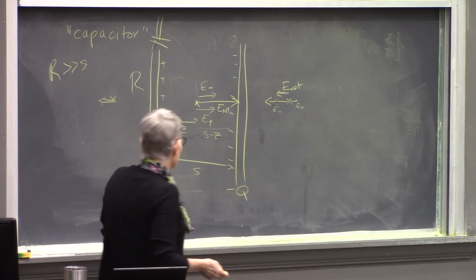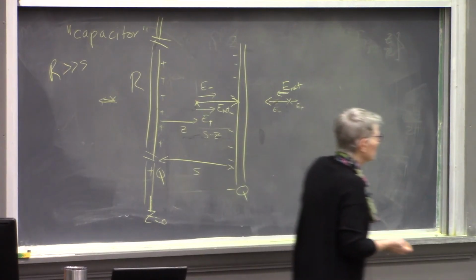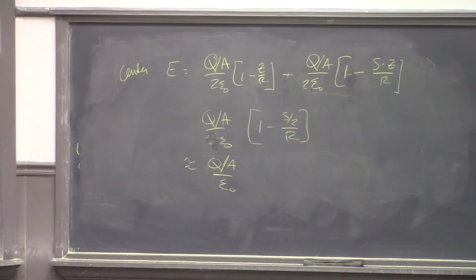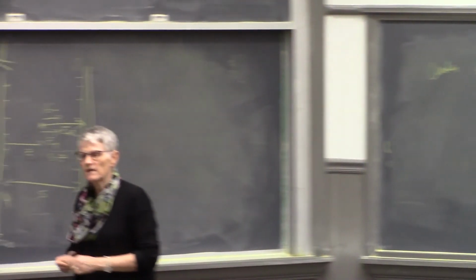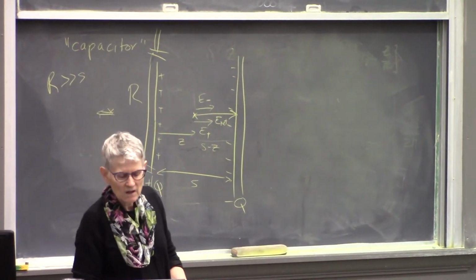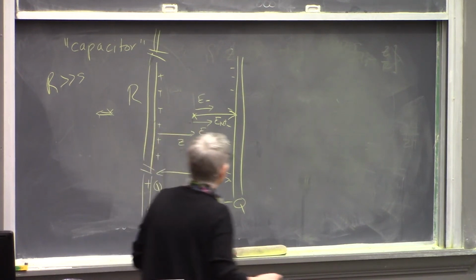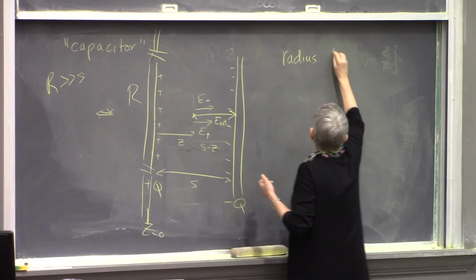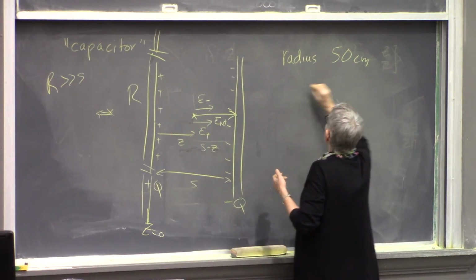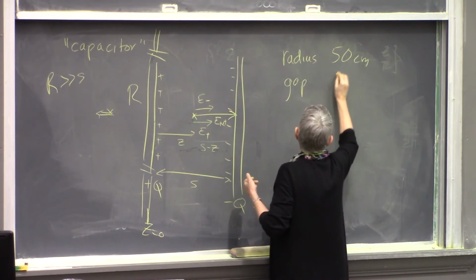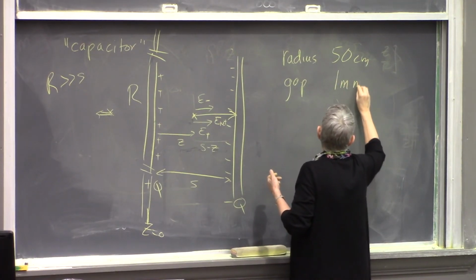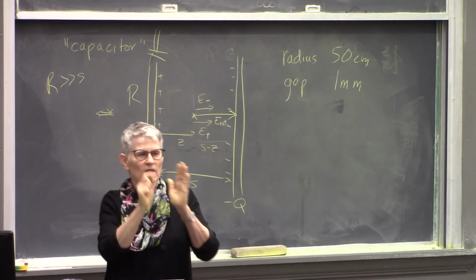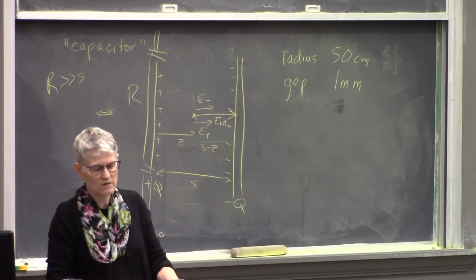Okay, let's apply this. So suppose we have a capacitor whose radius is 50 centimeters, and the gap distance is 1 millimeter. And let's say it's filled with air, so there's air between the plates.